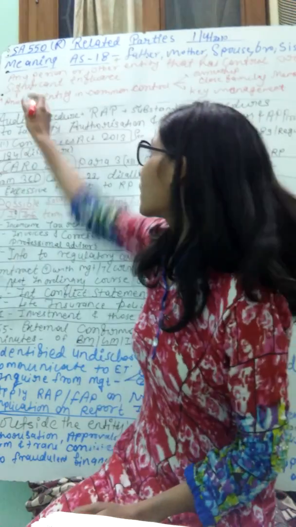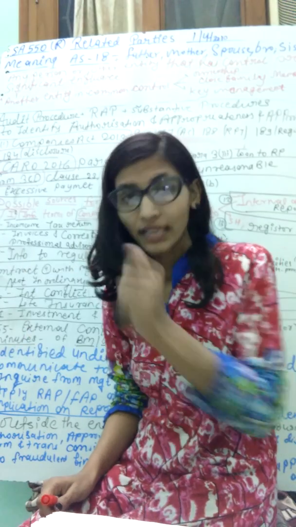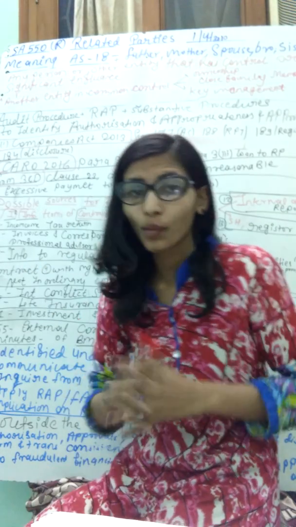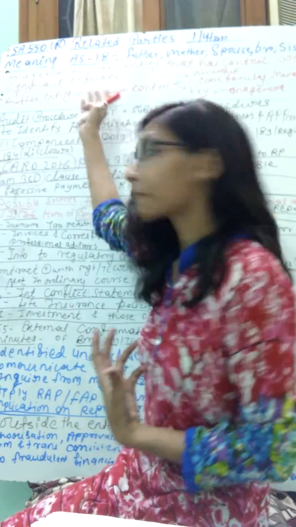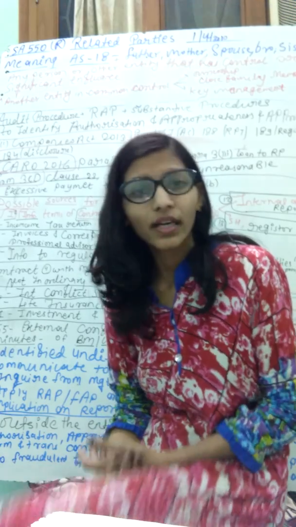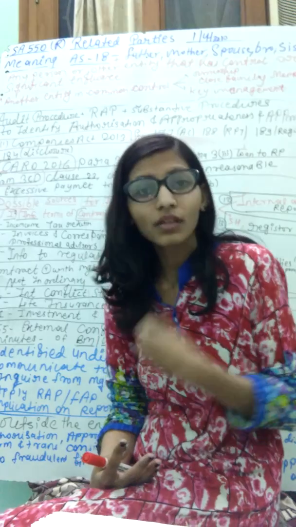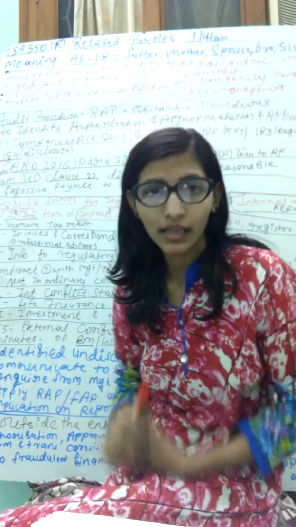Then another entity under common control, by way of ownership by close family members or common control in terms of key management, they are also related parties. But common control by the state is not covered in this particular aspect.